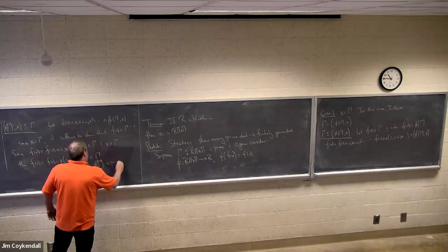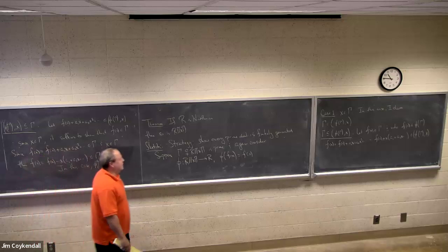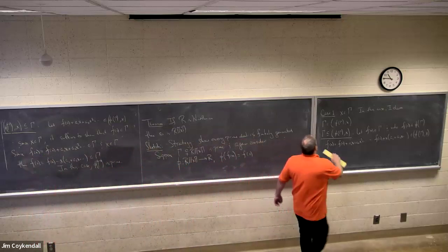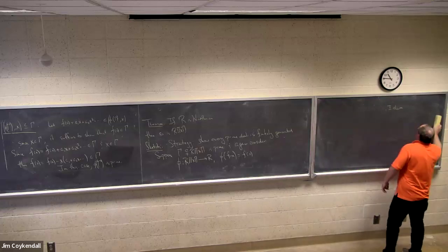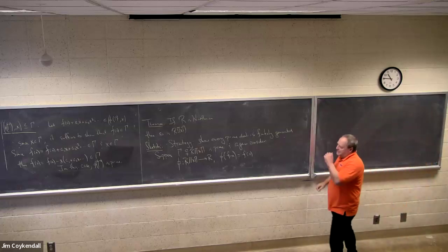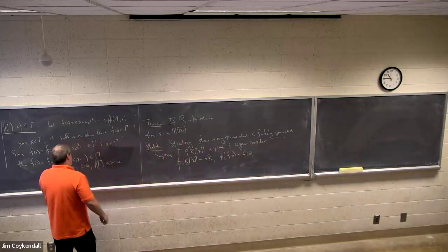Prime. Right, because the prime ideal gamma is of this form, and that forces phi of gamma to be prime, right? In this case, phi of gamma is prime.